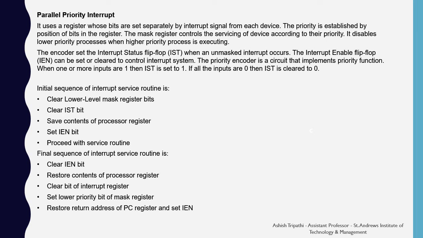You have to set the lower priority mask, that is from this priority move to the next lower priority, and then restore the return address of the PC register and set the IEN, and then again go back to normal functioning. Set the IEN bit to 1 so that the other devices can interrupt the CPU, and you have to again go for the PC register content.